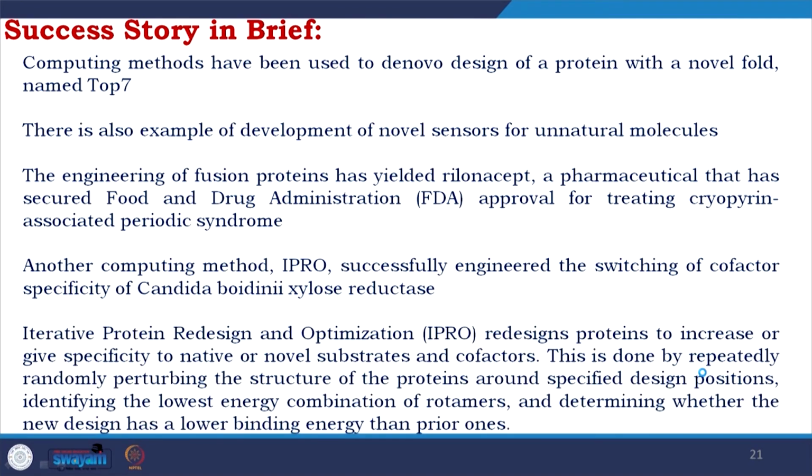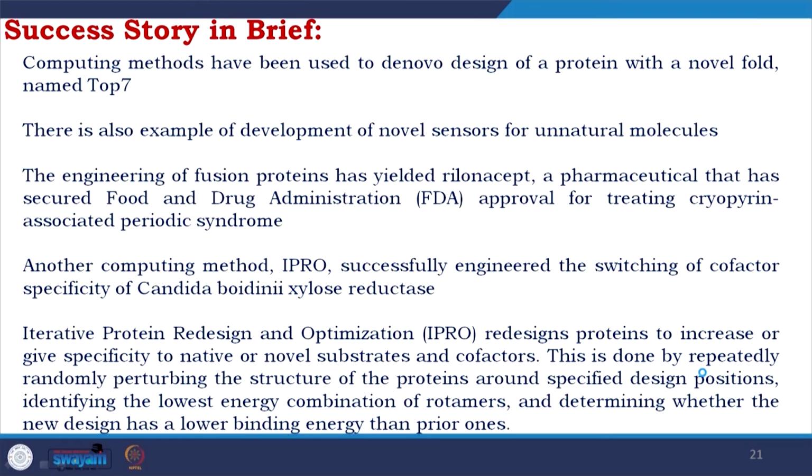So, a little bit more on IPRO. Iterative protein redesign and optimization redesigns proteins to increase or give specificity to native or novel substrates and cofactors. This is done by repeatedly randomly perturbing the structure of the protein around specified design positions, identifying the lowest energy combination of rotamers and determining whether the new design has a lower binding energy than the prior one.